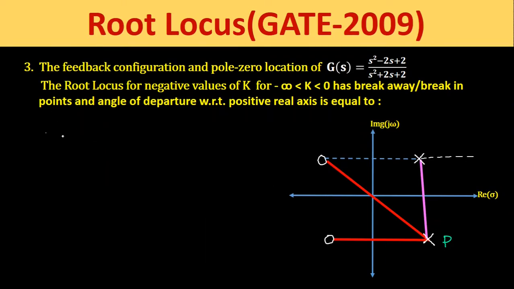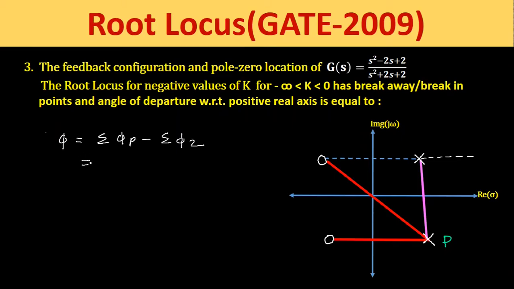Now what is the next step? We have to find the angle phi, which is equal to sigma phi p minus sigma phi z. Sigma phi p is the summation of all the angles which the phasors from the poles are making with the positive real axis, and sigma phi z is the summation of the angles which all the phasors from the zeros are making with the positive real axis.